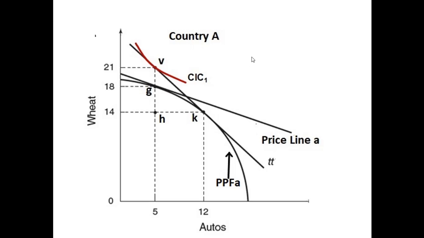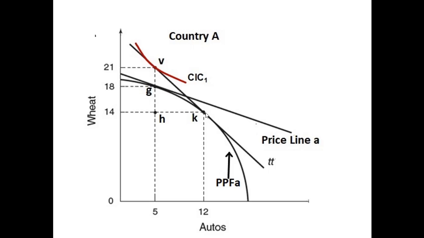And it has to have a point of tangency on the production possibility frontier to tell you where they produce. It also is going to be tangent to some CIC curve, and at that point, it's where they consume when they participate in trade.